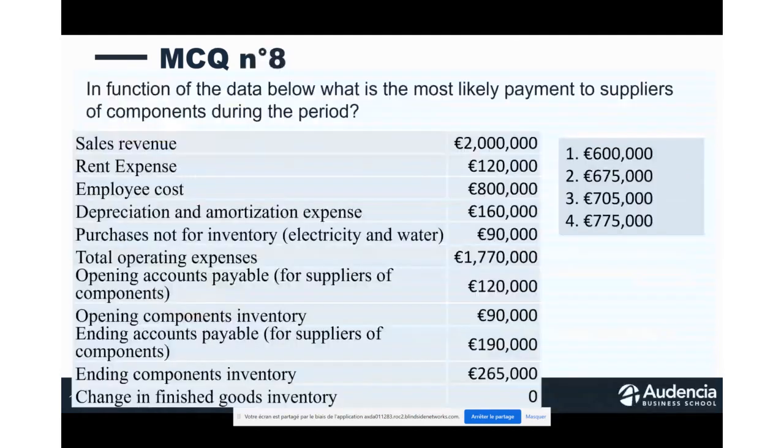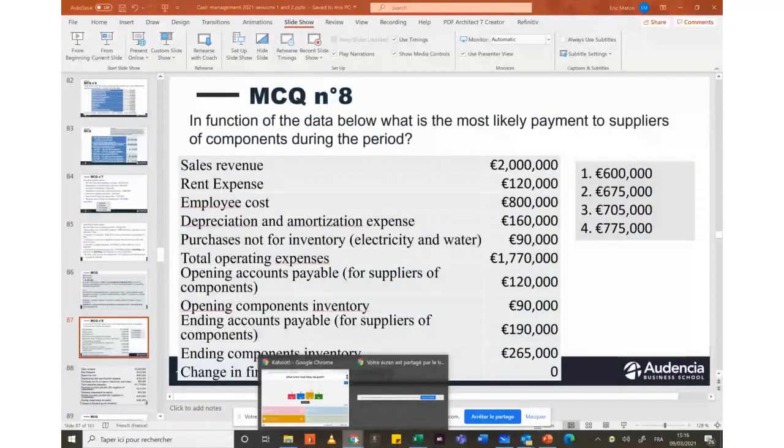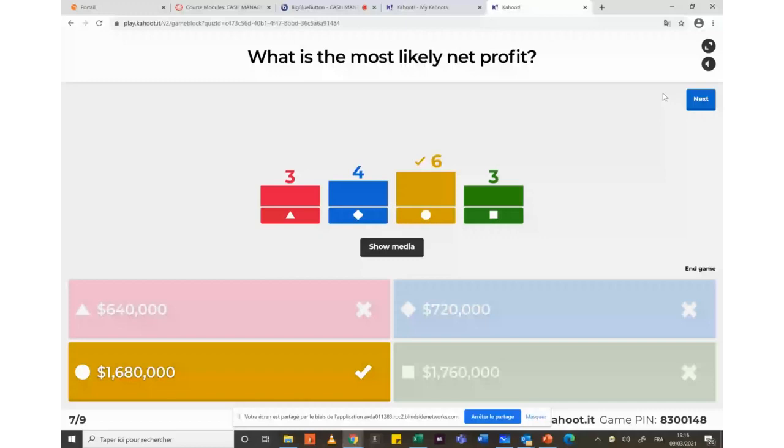Next question, question number 8. From all this data, in your opinion, what could be the payment to suppliers of components? The most likely payment to suppliers of components. So question number 8 in Kahoot. You have 4 minutes to calculate the payment to suppliers of components.